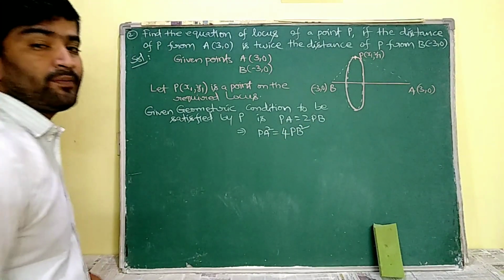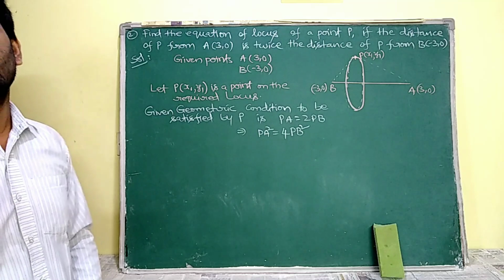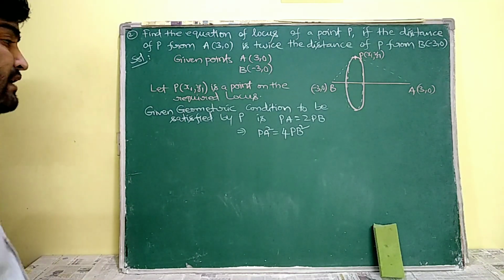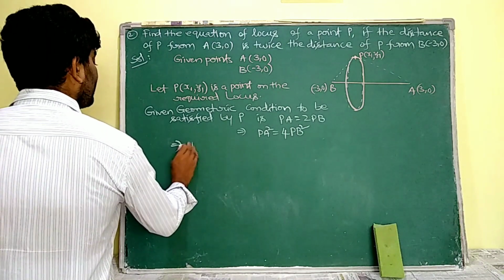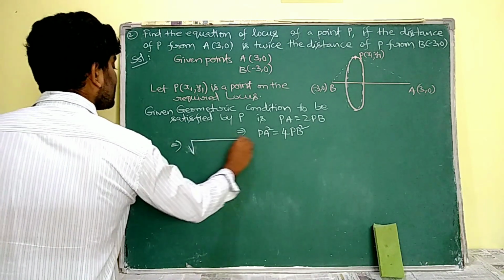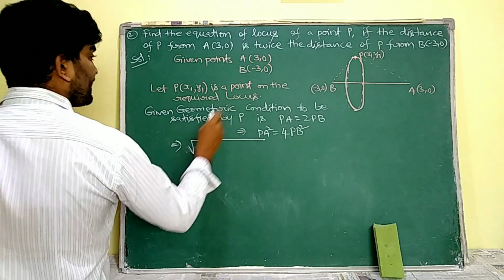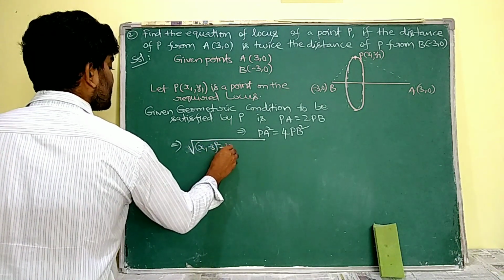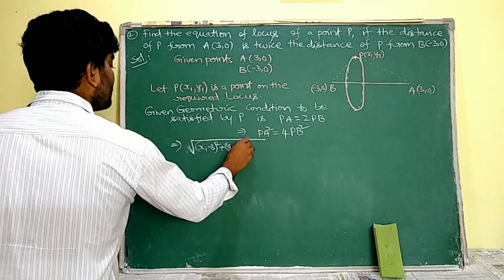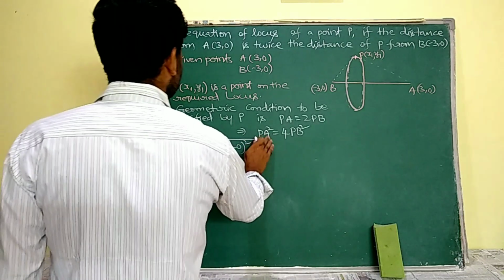Now this geometric condition is going to be converted into an algebraic condition. For that use the distance formula. PA square means x1 minus 3 whole square plus y1 minus 0 whole square.